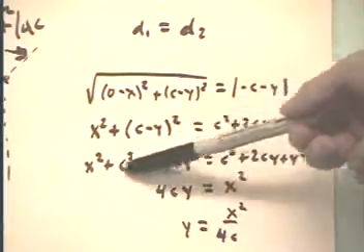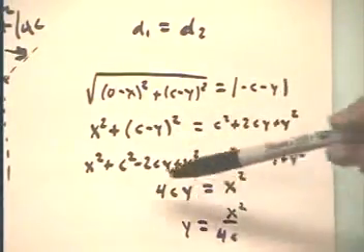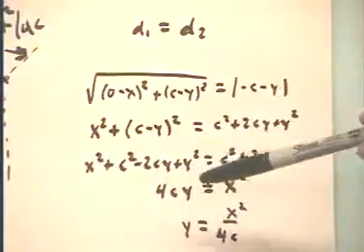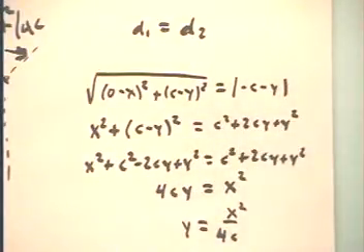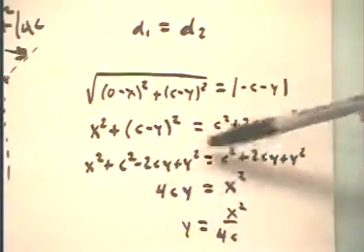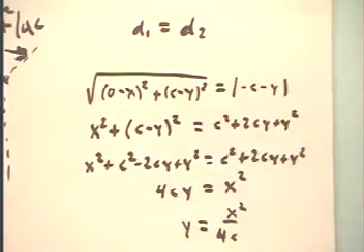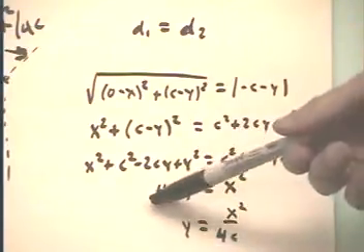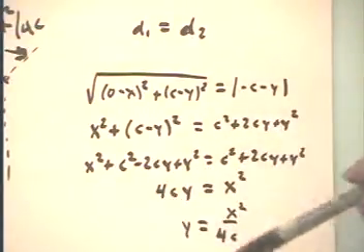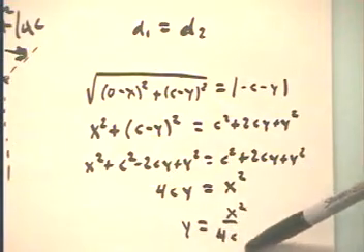Expand the square over here, and then we see we have an x squared and y squared in common between the two sides, and we have a c squared in common, so that those will subtract off, leaving us with something that we can easily simplify to the form y equals x squared over 4c.